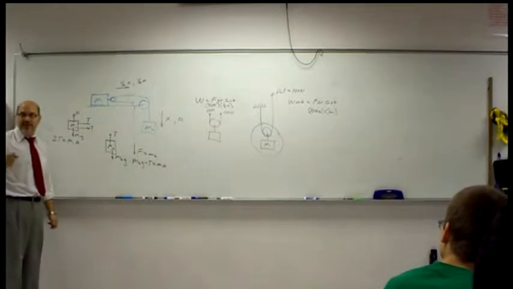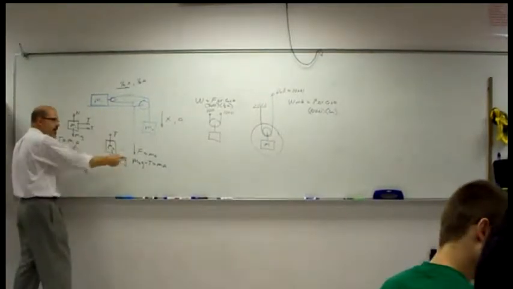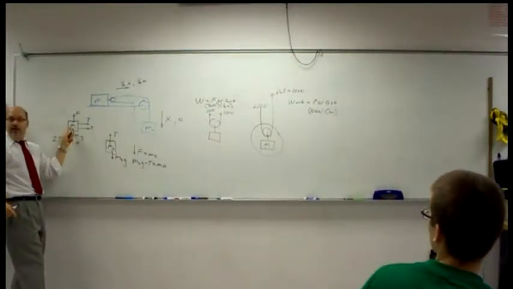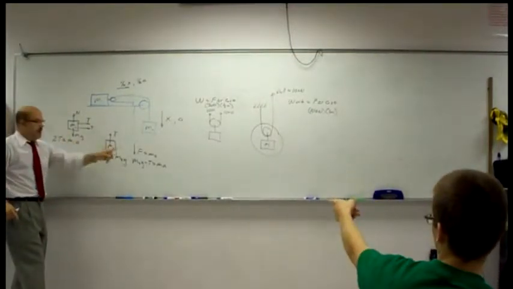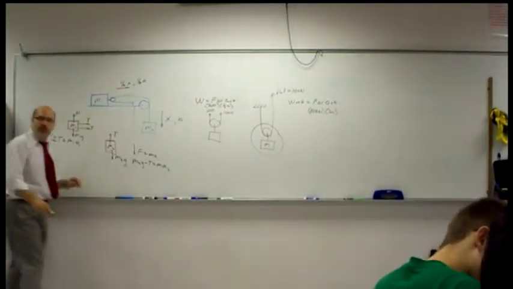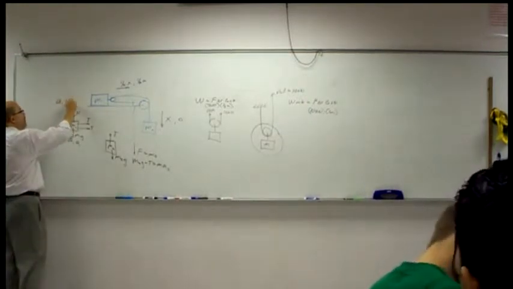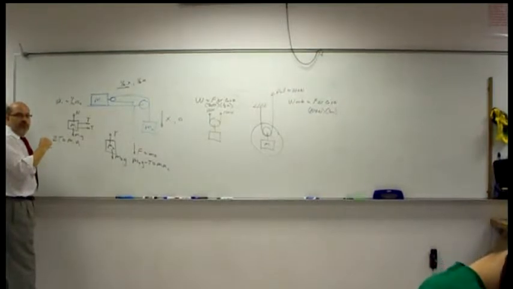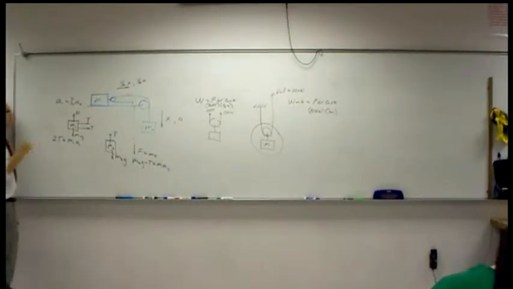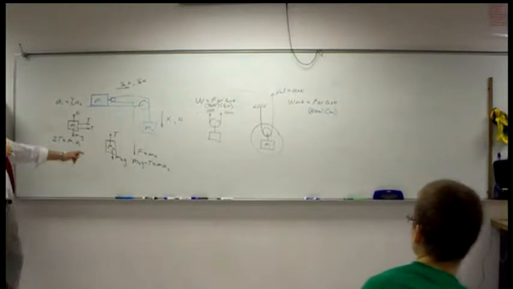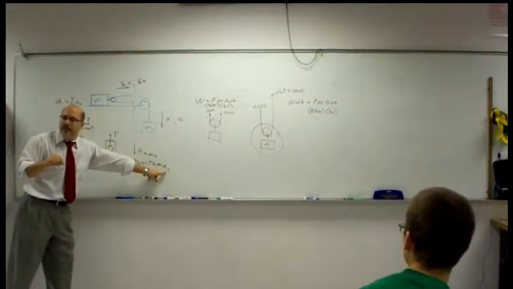They don't have the same acceleration. So which one? Do you want to make this half of that one, or do you want to make this double that one? We have to find the acceleration of M1. Then what would be best? Make this one 2A, because this is A1 and this is A2. But A1 equals 1/2 A2. So what do I plug in here to make it A1?